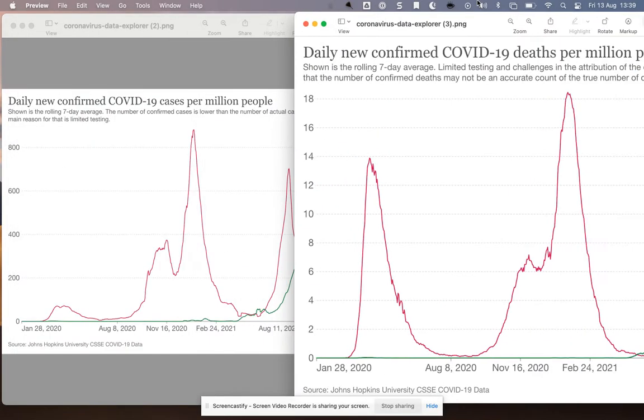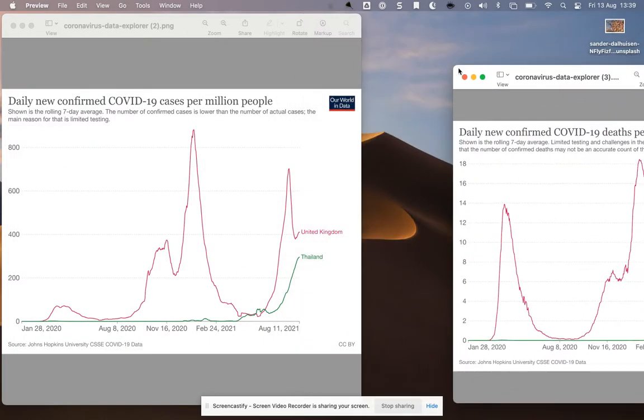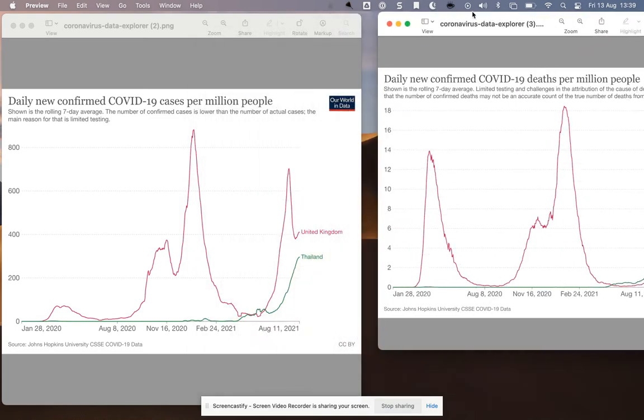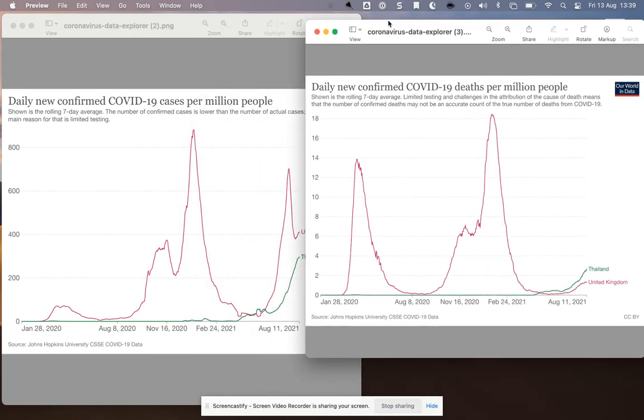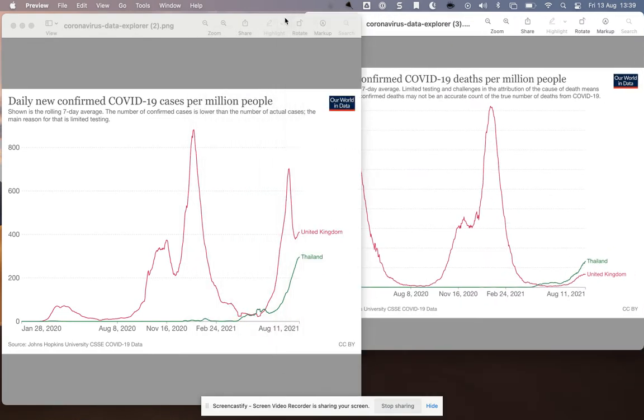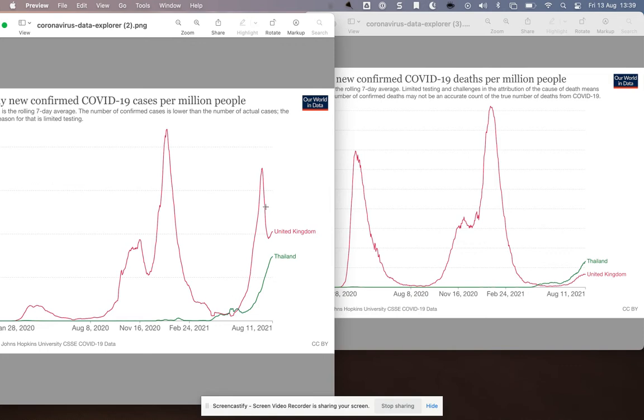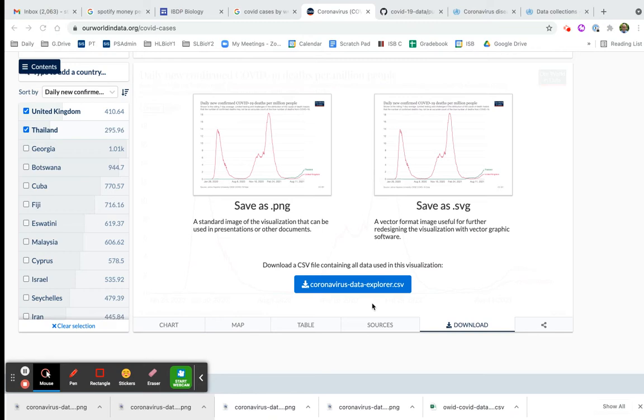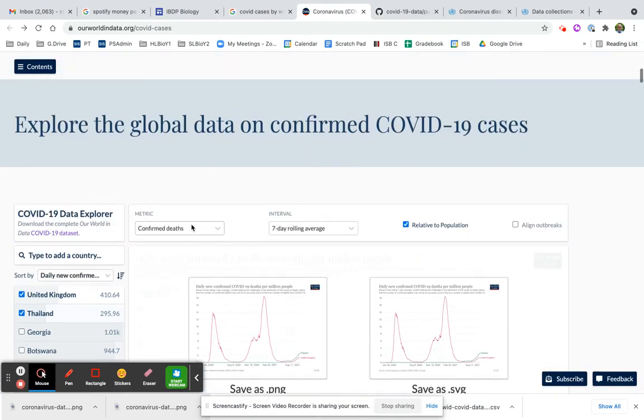And unsurprisingly, the two look very, very similar, right? Except for a few interesting things. Here, cases are higher in the United Kingdom than they are in Thailand. Again, that's vaccines at work. So that's something maybe you could dig into in other databases.